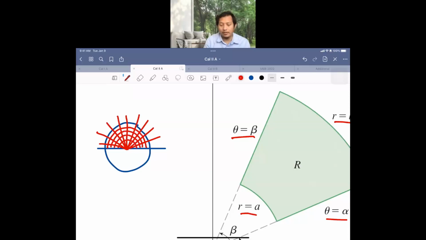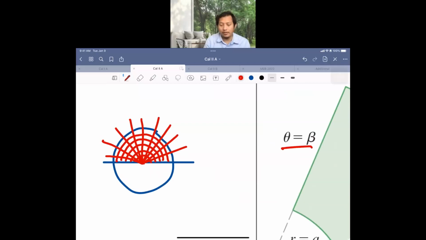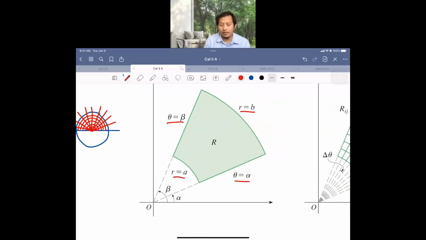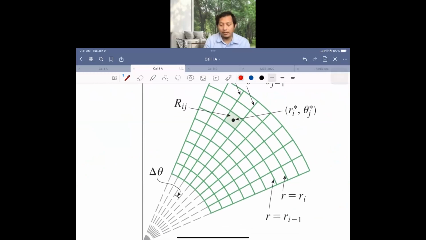This is the polar pattern. It's like a Spider-Man web, right? Now back to here, if we slice like this, we can imagine small pieces, right?